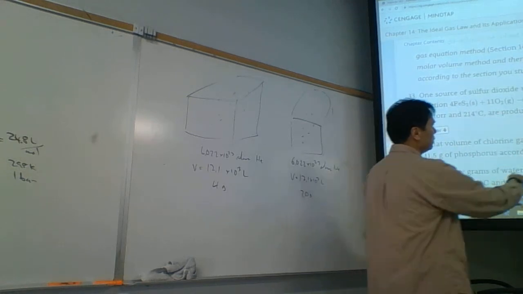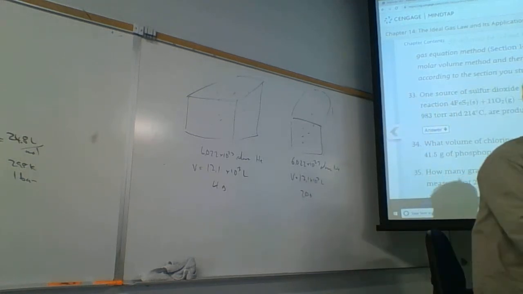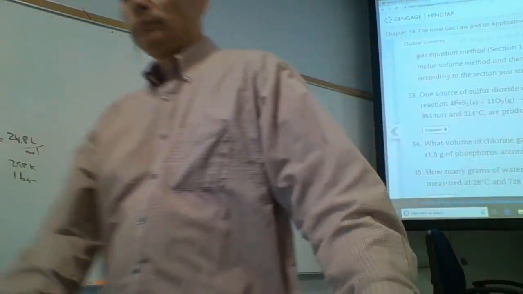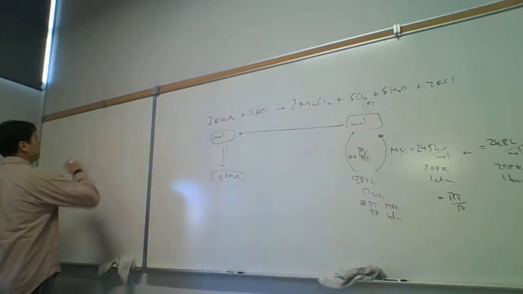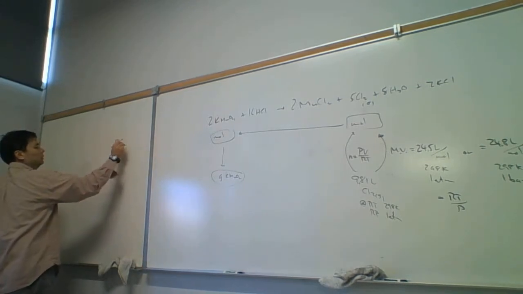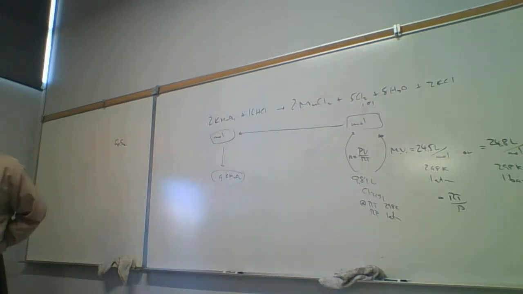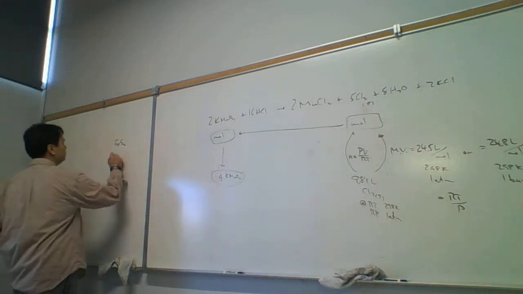FeS2 is kind of a weird compound. If you're a geology person, you would know what FeS2 is. FeS2 is called pyrite or fool's gold. This is fool's gold.